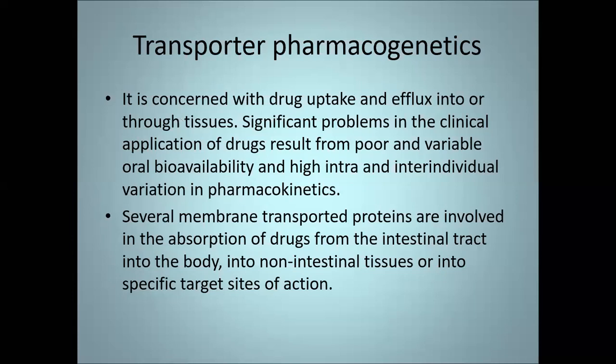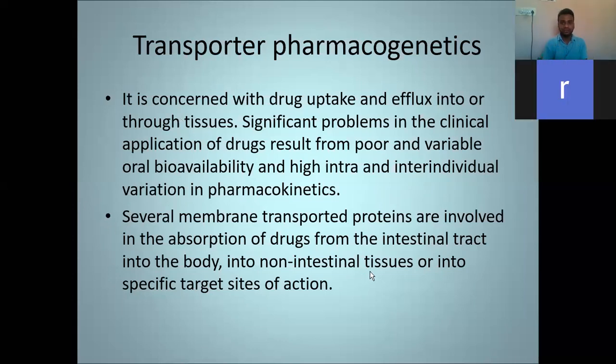Including all these things, when I say all these, that means MDR1 and P-glycoprotein. This is called transporter pharmacogenetics, because we are dealing right now with the transporter. These are the proteins that help in the transport of a drug, and we are also discussing the gene that encodes for such proteins. So these are collectively called transporter pharmacogenetics. This transporter pharmacogenetics is concerned with the uptake and the efflux of the drug to and fro.